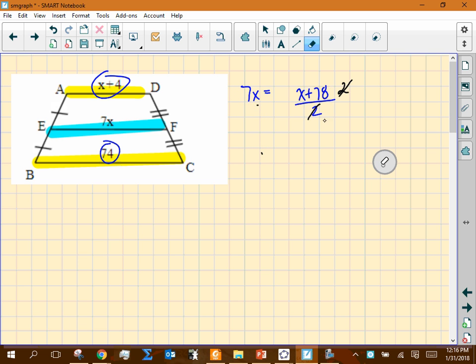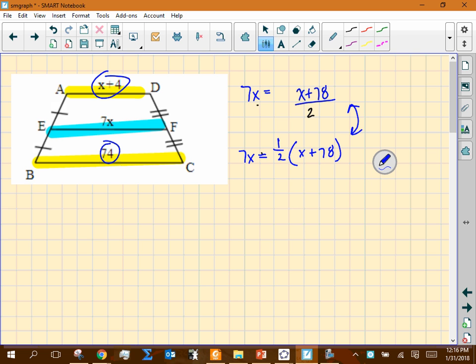But some of you might have written it this way, because this is the way it was introduced in the theorem yesterday, that the mid-segment is equal to 1/2 the sum of the bases, x plus 78. What I want you to understand is these two things say the exact same thing.